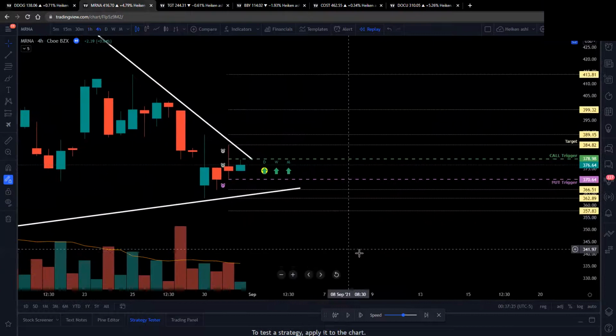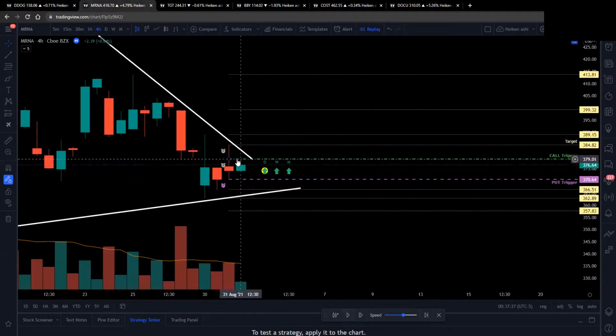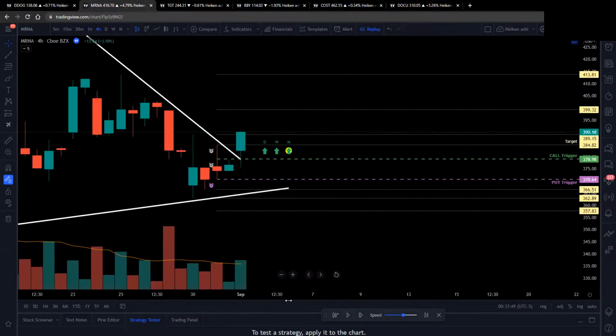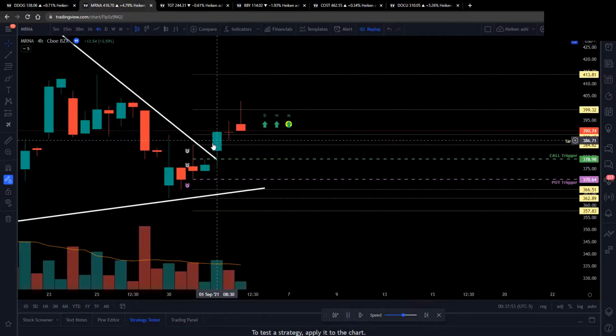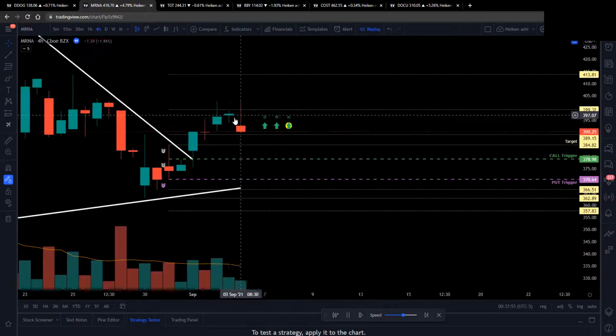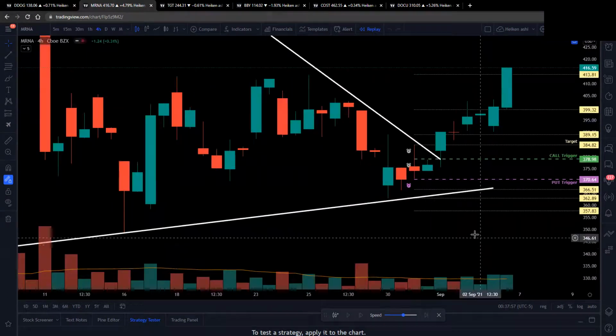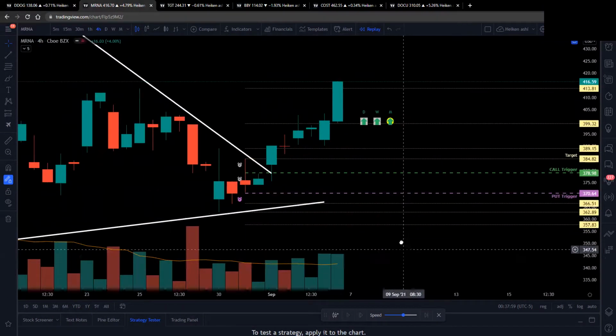Another example for Moderna. So our call is 378.98 and the put is 370.64. Triggered up here. They already hit the two targets, hit the third target, and at the end of the day, it hit the fourth target.